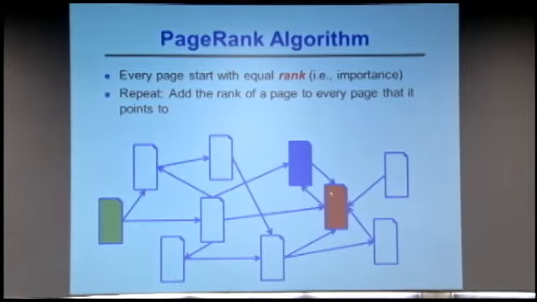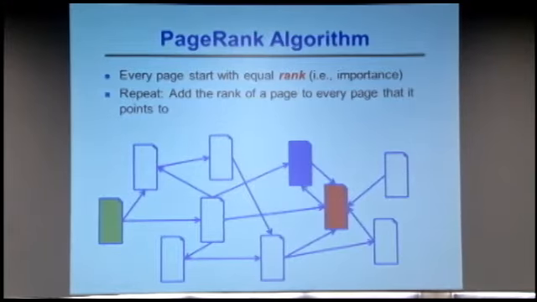And then this algorithm goes through a step that it does over and over again. The step is that you add the rank of a page to every page that it points to or links to. So if you look at this red page here, initially it had a rank of 1. But then the first time the algorithm works, it will take the rank of this page and this page and this page and this page and this page, which is 1, 2, 3, 4, 5, and add them all to the rank of the red page, because they all point to the red page.